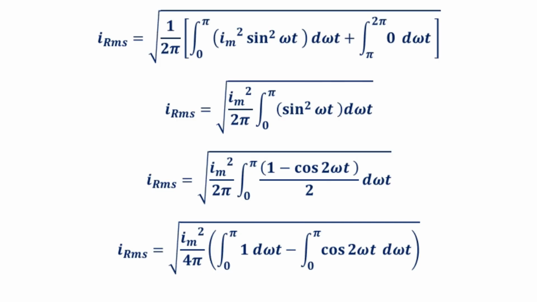Then the value of IRMS equals, taking Im square common, Im square by 2 pi into integral 0 to pi sin square omega t d omega t. Sin square omega t can be written as 1 minus cos 2 omega t by 2. Taking this 2 common, Im square by 4 pi into integral 0 to pi 1 into d omega t minus integral 0 to pi cos 2 omega t into d omega t.